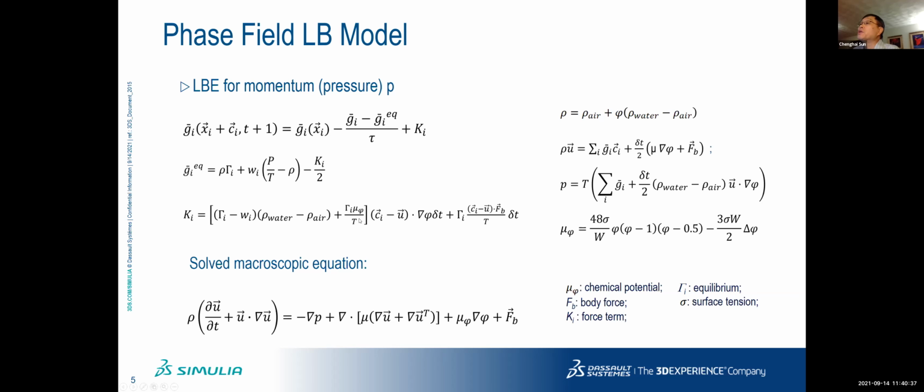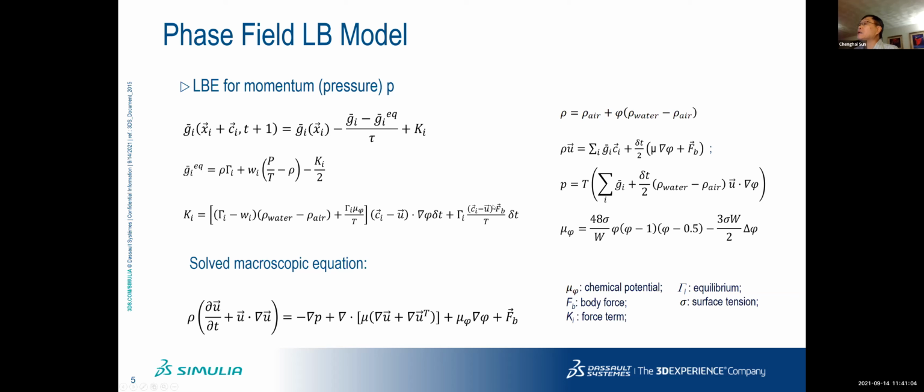The second term here is associated with surface tension. Mu phi is actually the chemical potential, which can reproduce the prescribed surface tension sigma.